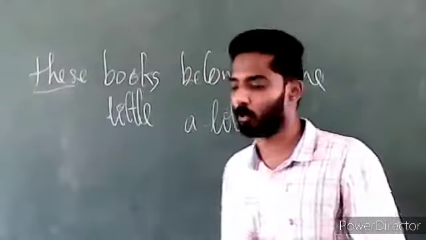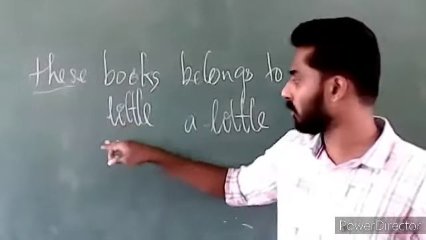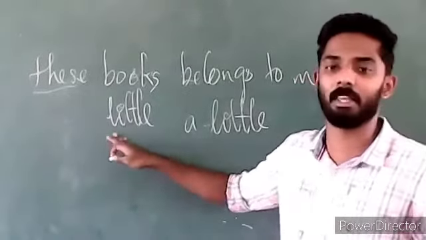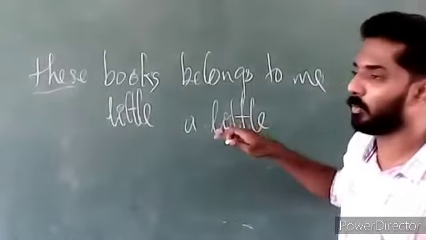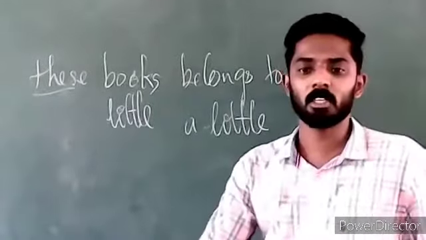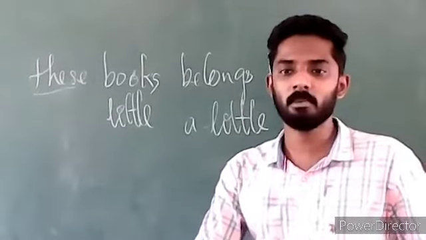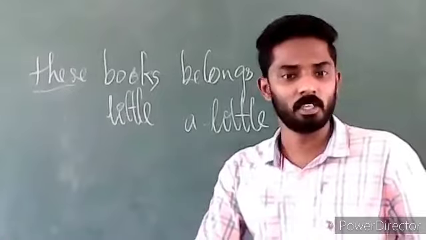The meaning of the word little is hardly any, and the meaning of the words a little is that some is there. Not much, but some is there. So that is called a little.